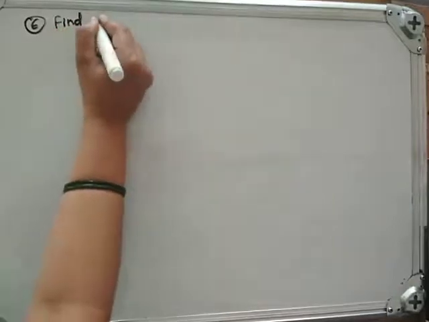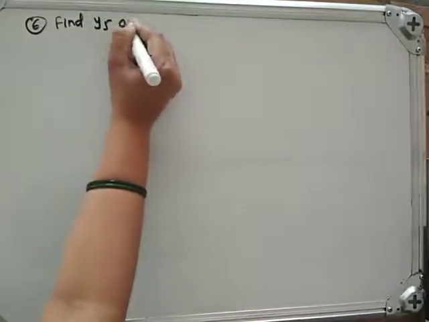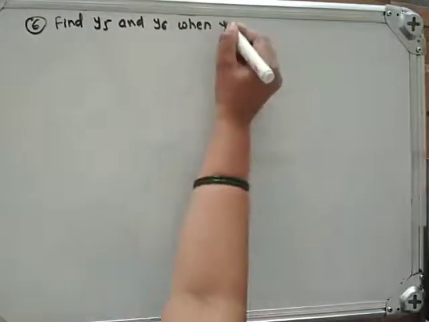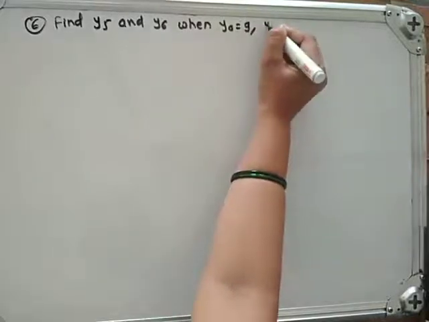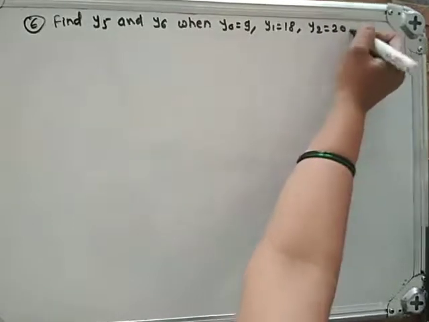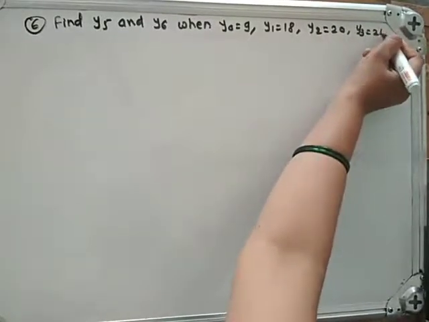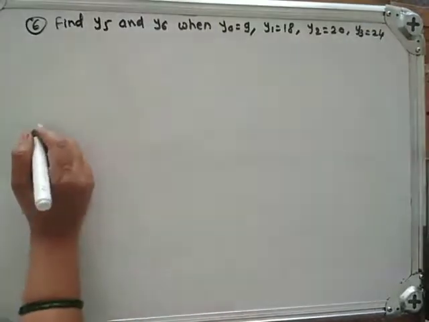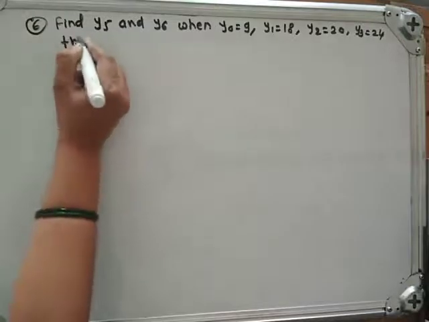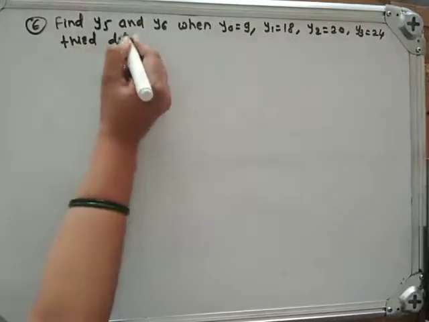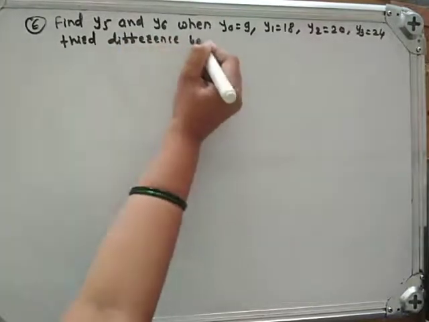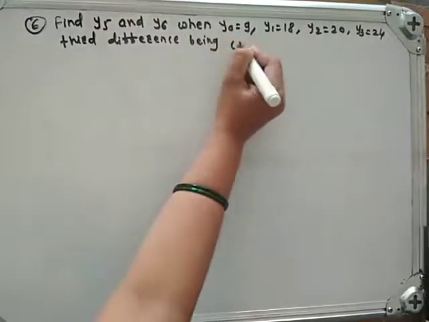Find y5 and y6 when y0 is equal to 9, y1 is equal to 18, y2 is equal to 20, y3 is equal to 24, the third difference being constant.